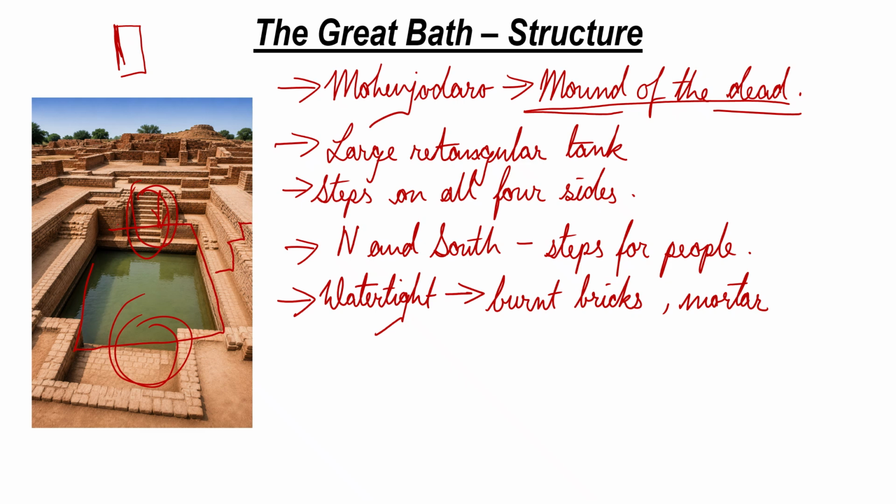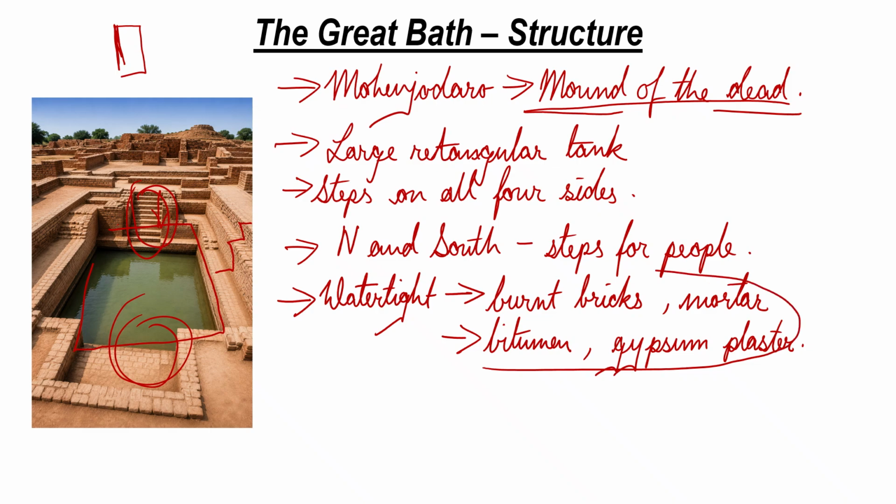So we had burnt bricks joined with mortar, and there was bitumen and gypsum plaster. So these are the important things used to make the water tank watertight.